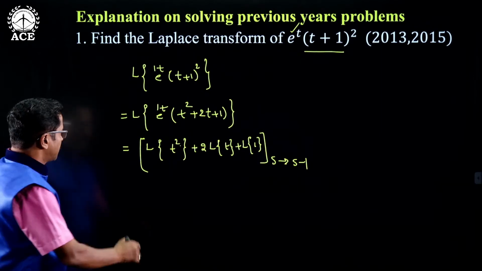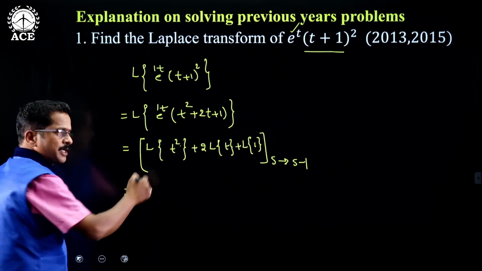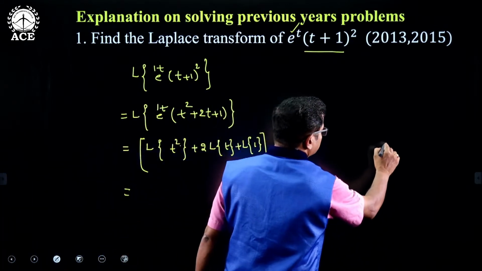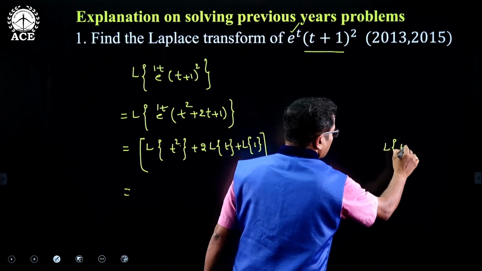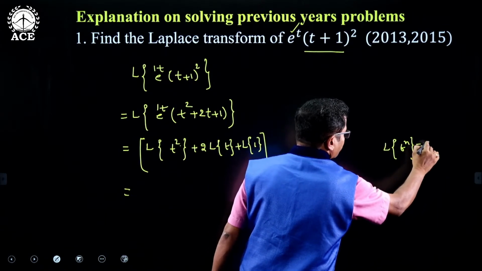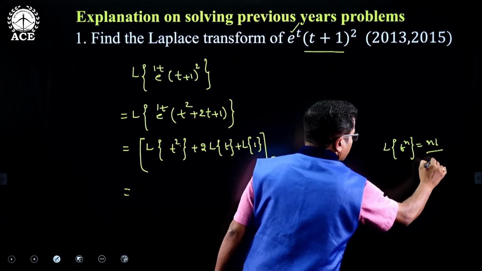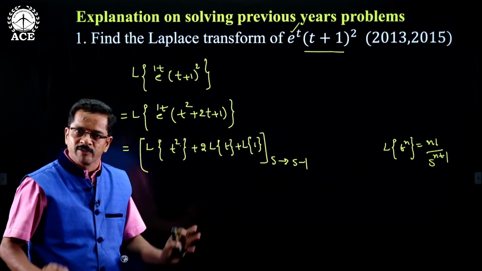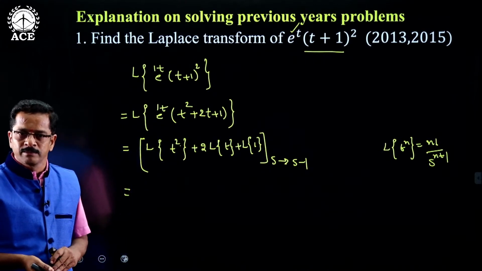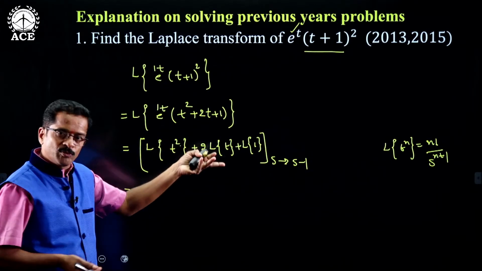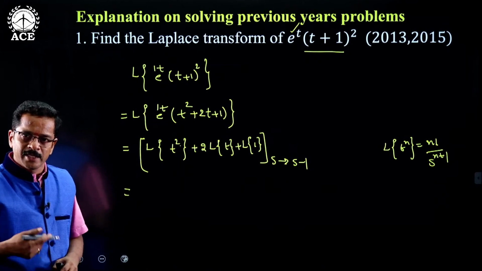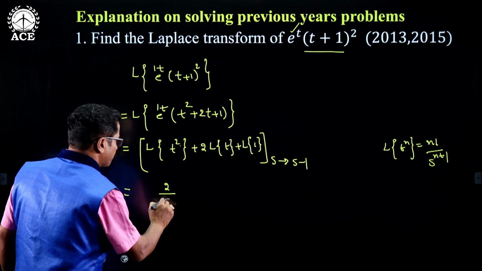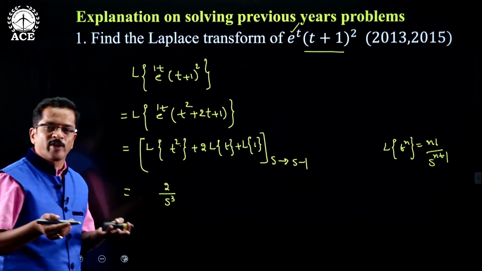Right? So which is equal to L of t power n, that we know: L of t power n equals n factorial by s power n plus 1. In the place of n we have 2. So 2 factorial by s power 2 plus 1, that becomes 2 by s cube, as 2 factorial is 2 only.